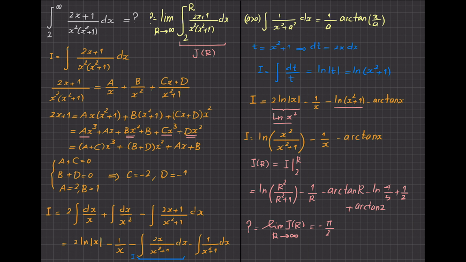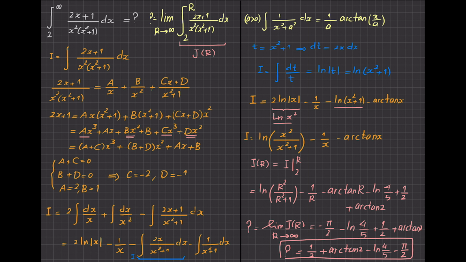The rest of it has nothing to do with r, so I copy and paste all of them. So finally, my answer to this question is 1/2, then the positive arctangent of 2, and then minus ln of 4 over 5, and then minus pi over 2. So that is also the answer to this integral.